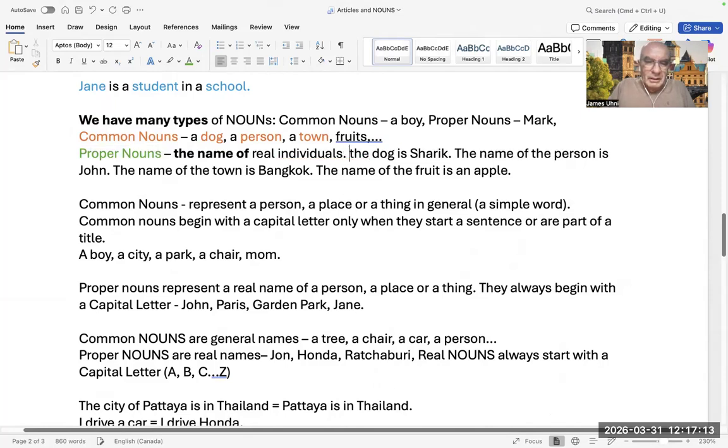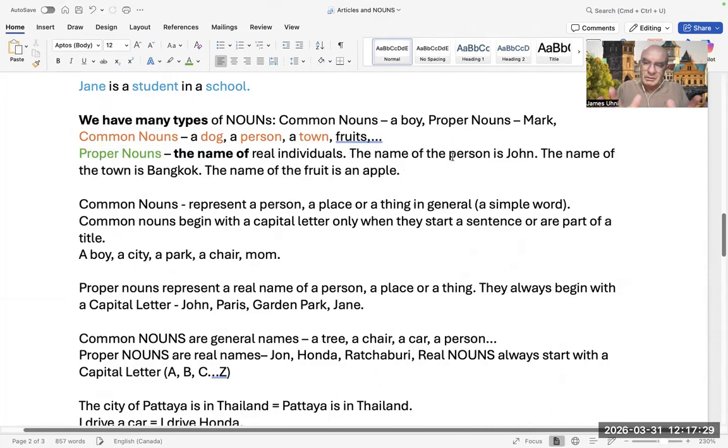Okay, that's nice, but here we have the dog is Sharik, and that doesn't sound right. So we will delete it, as I copied this from a textbook of another country.